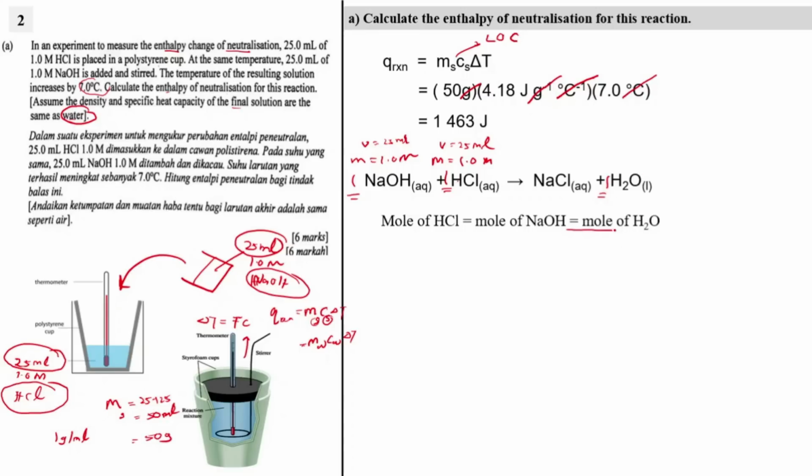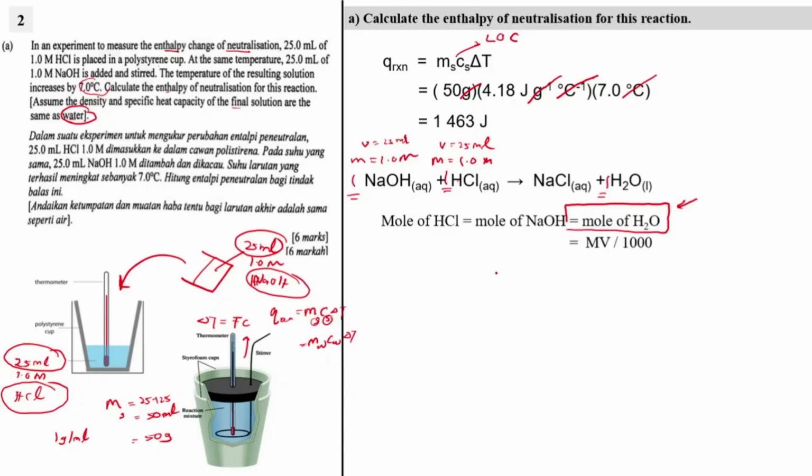This comparison here, according to water, is compulsory to be written in order to get the mark. Because the heat of neutralization is basically defined as the heat released when 1 mole of water is formed from the neutralization between acid and base. So that is why you always need to compare with the mole of water.